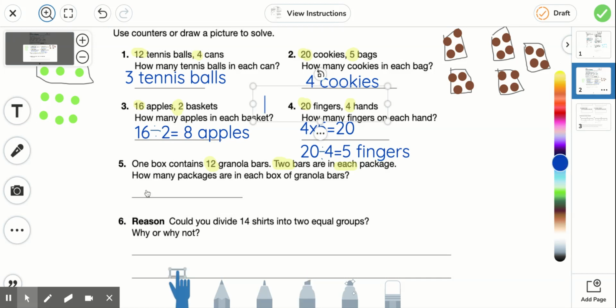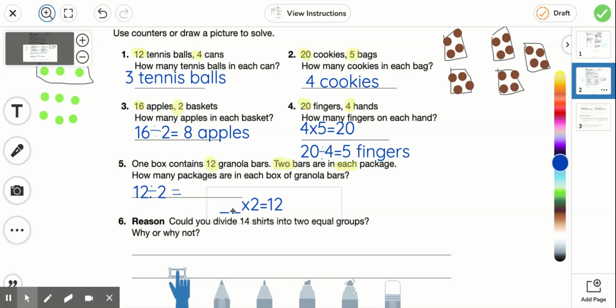So we are thinking about 12 divided by 2. So 12 are in this package, and I'm dividing them by 2, right? There's 2 in each of the little silver pouches. How many would be in each box? What number times 2 will get me 12?